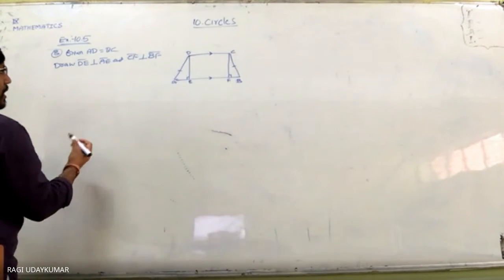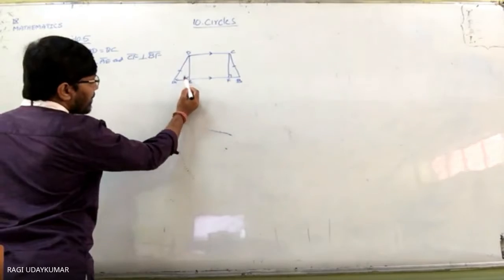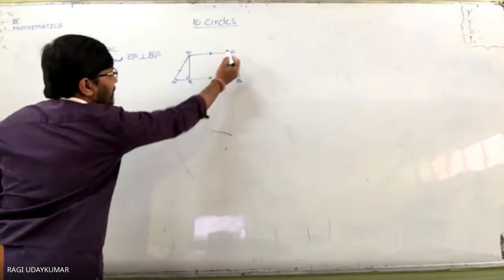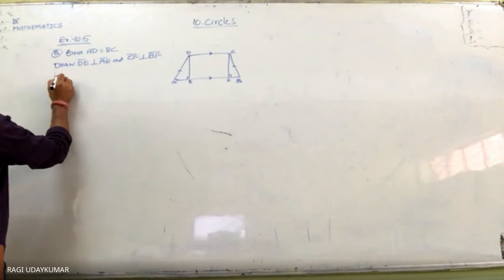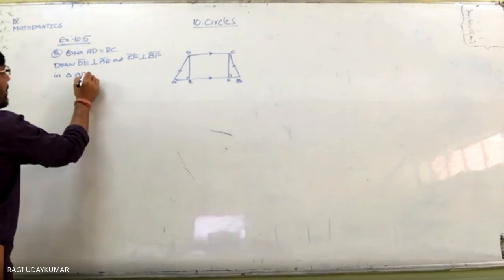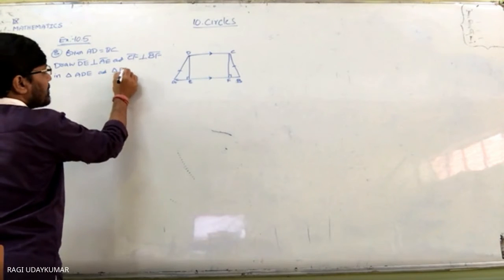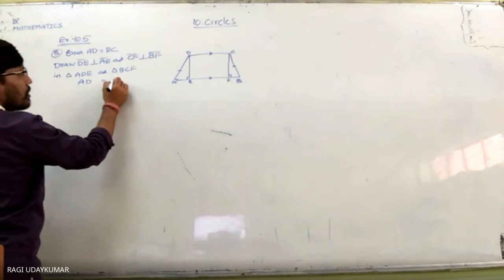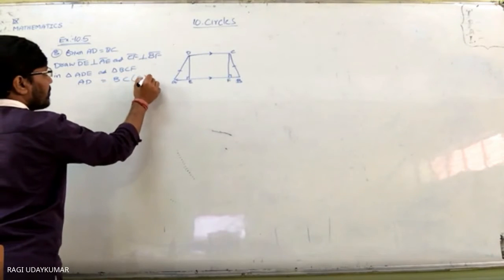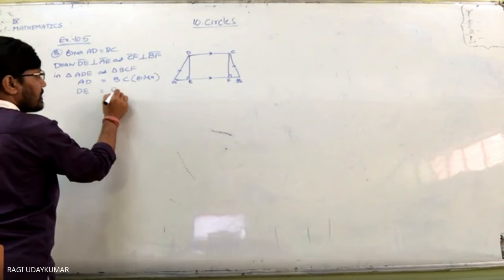Then, if you consider right angle triangles, the hypotenuse is equal. Consider the triangles, triangle ADE and triangle BCF. In this, AD is equal to BC. This is given. And in this, DE is equal to CF.